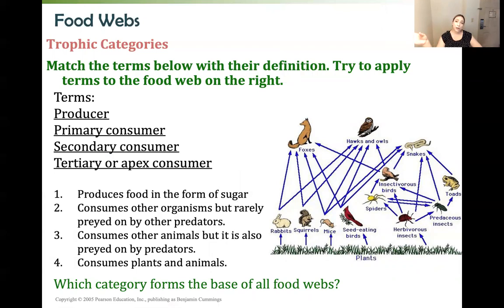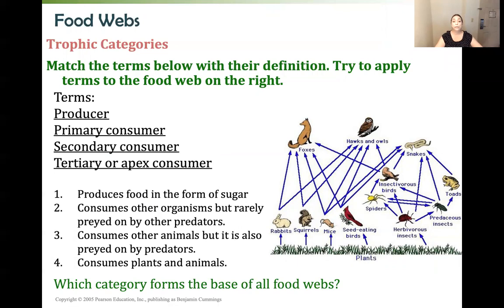Not many organisms prey on a hawk or an owl, for instance. So I would call those tertiary predators. We also call them apex. Tertiary or apex consumer. Those are predators, and they're at the very top of the food web, right?